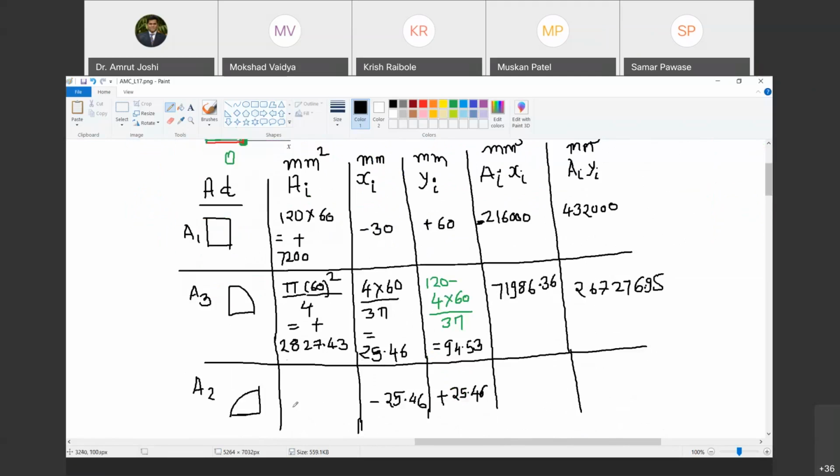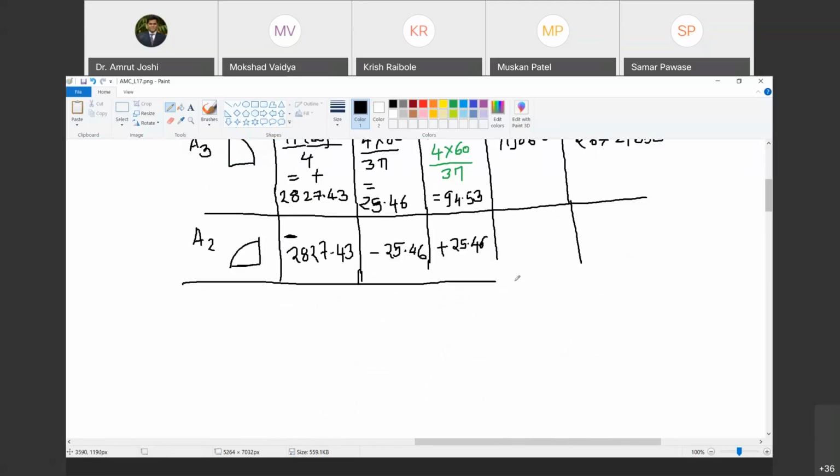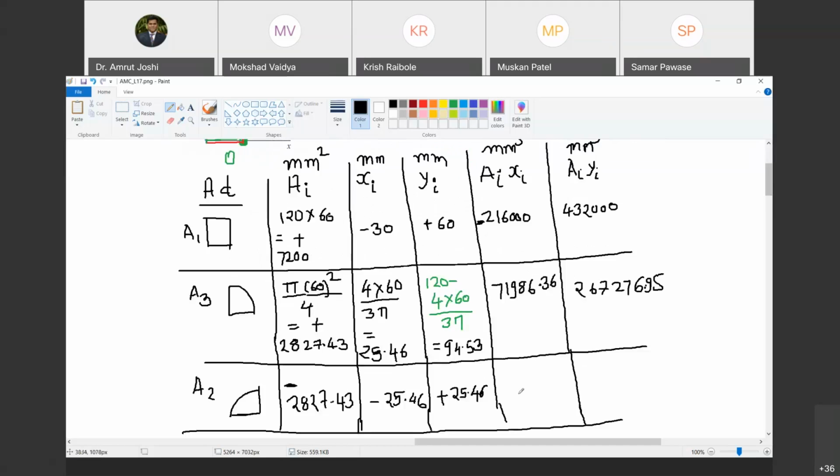And what is the value? This value will remain as it is, 2827.43. Do you agree with me? But is it additive or subtractive? Subtractive. So therefore, this value is going to be negative. Happy? Yes, sir. So now let us do summation ai xi. First tell me this much. It is going to remain as minus 71986.36.